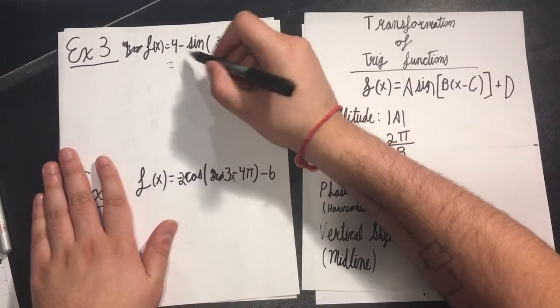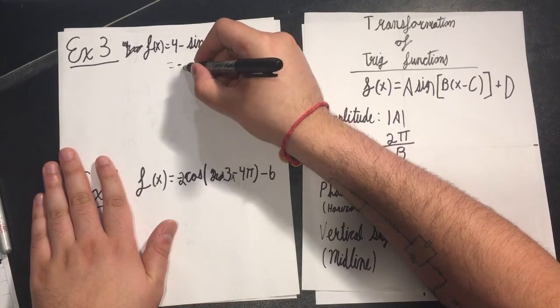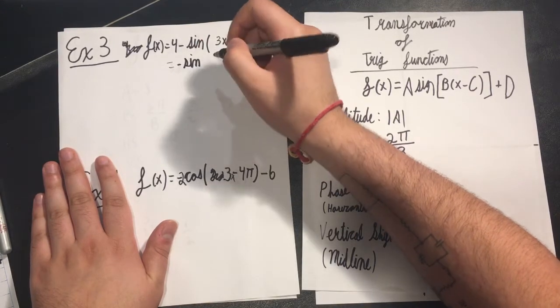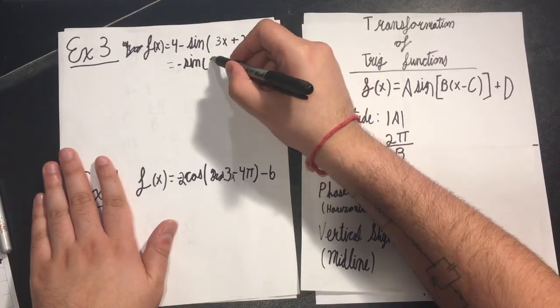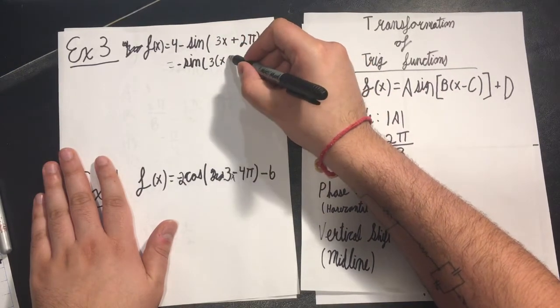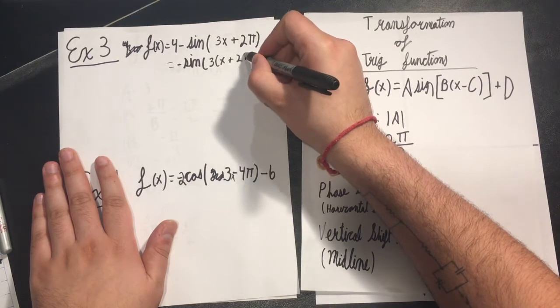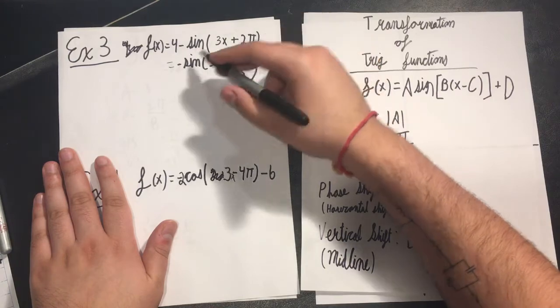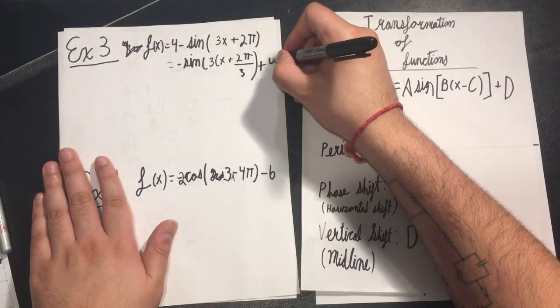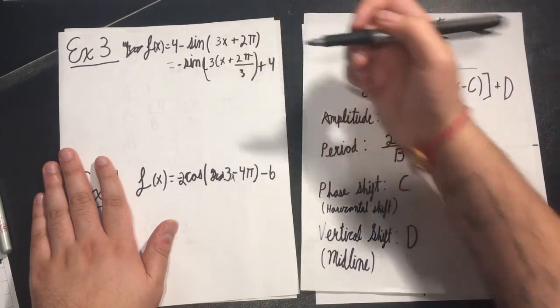We're just going to move this 4 to the back, so we have a negative sign up front. We're going to factor out the 3 here to get 3 times x plus 2 pi over 3, and that plus 4 goes back there.